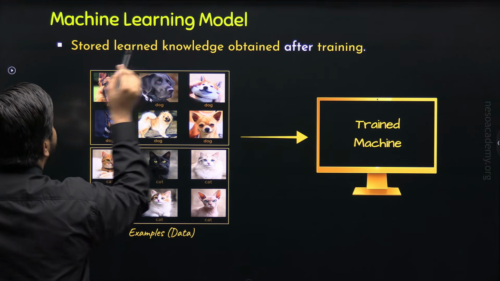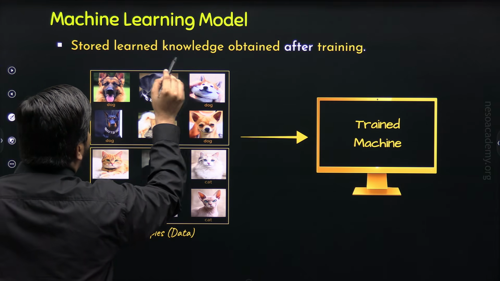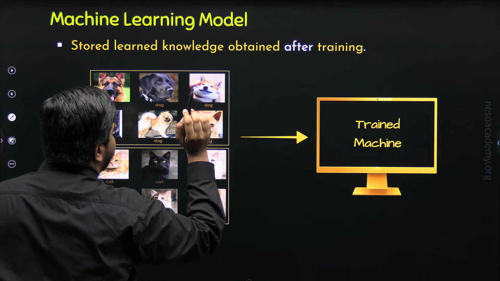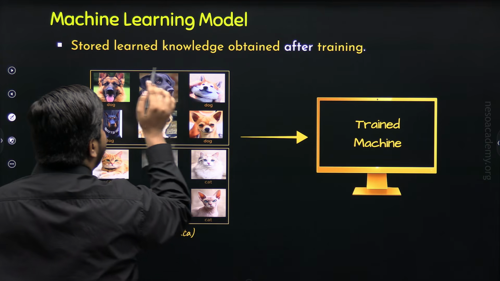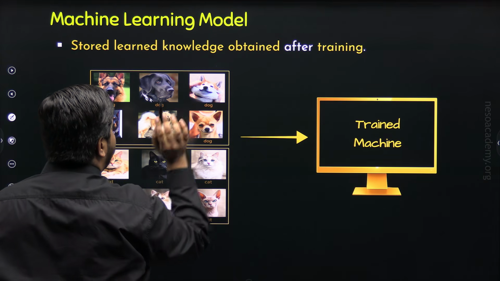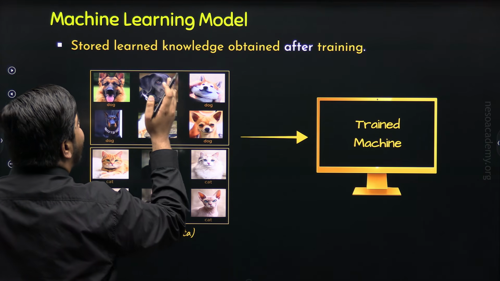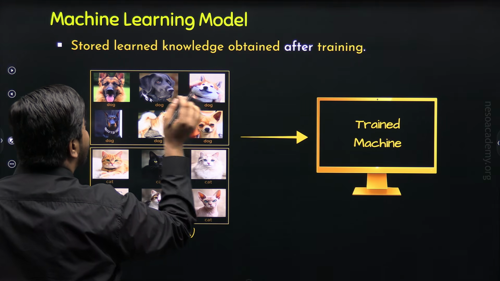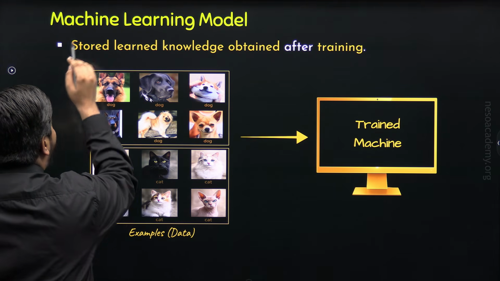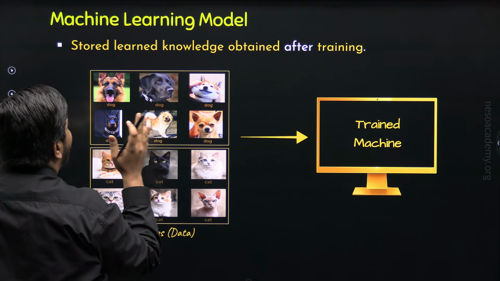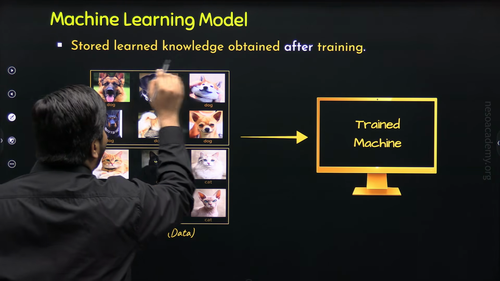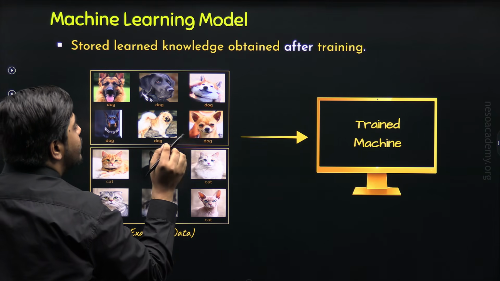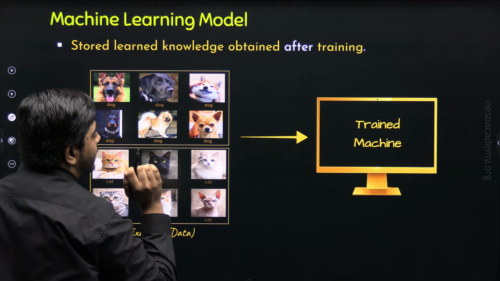A machine learning model is the stored learned knowledge obtained after training. It means after the process of training, whatever the learned knowledge is obtained, that is the knowledge of patterns and features from the data, that knowledge is stored inside the machine in the form of mathematical relationships. And that stored learned knowledge inside the machine is called the machine learning model.